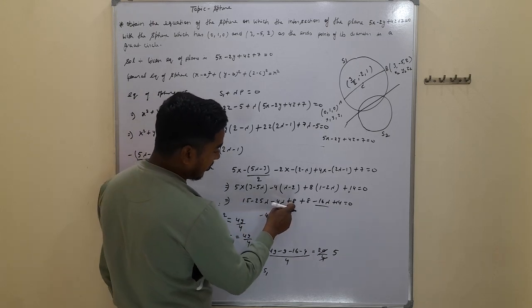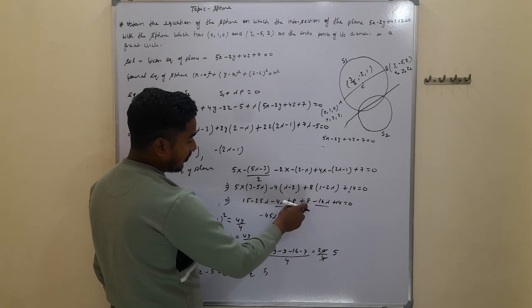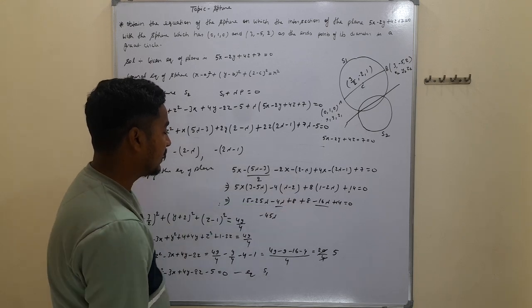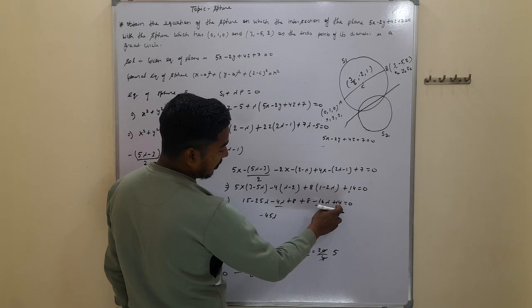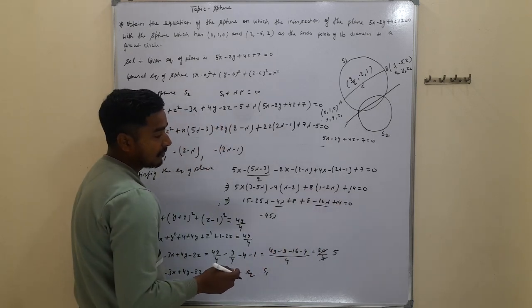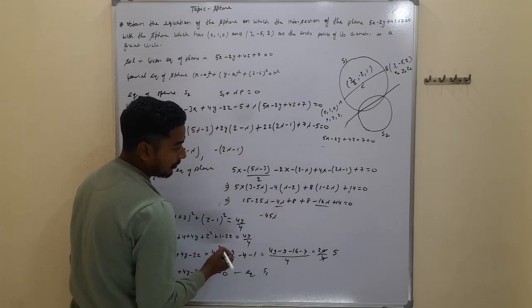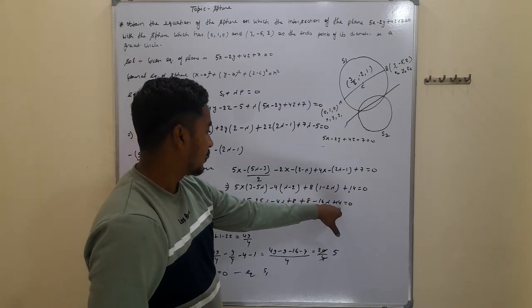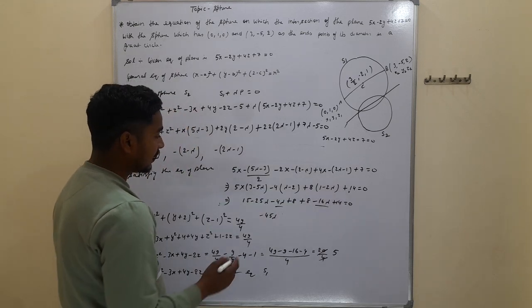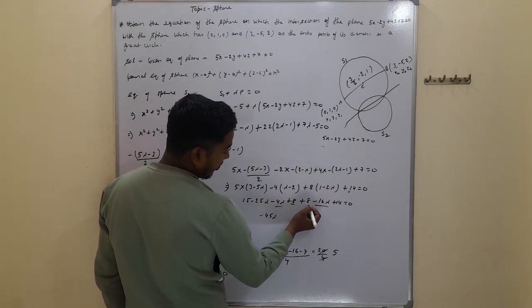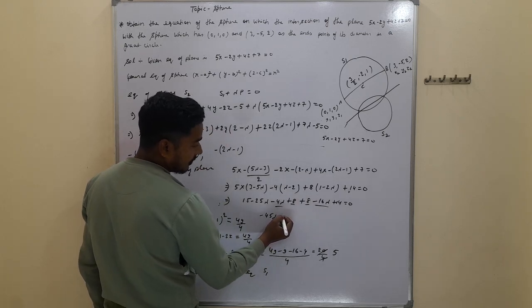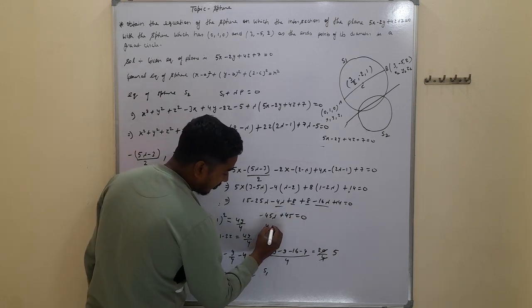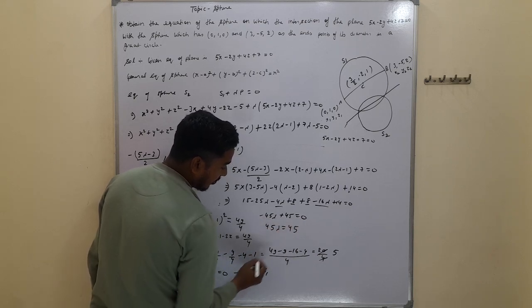And for the constants, 15 plus 8 is 23, plus 8 is 31, plus 14 is 45. So 45 is equal to 0, and from here this gives 45 lambda is equal to 45.